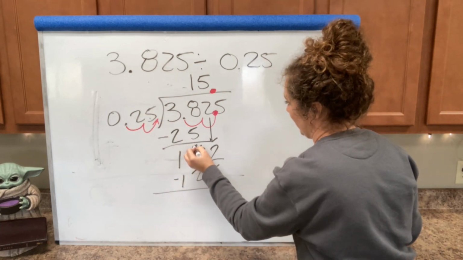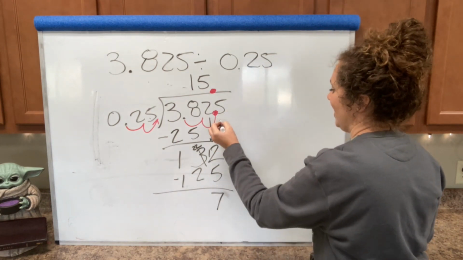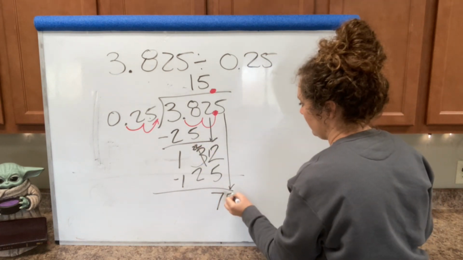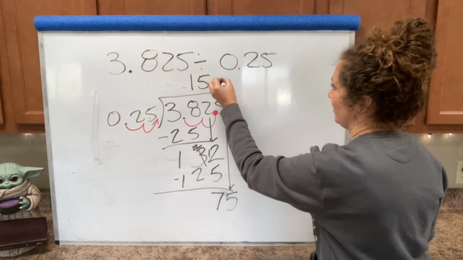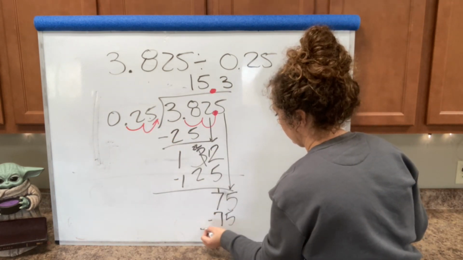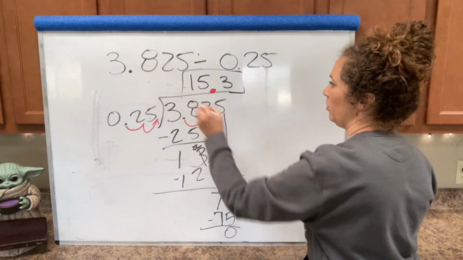Then I do the subtraction. Okay, and then I need to bring down this 5. 25 goes into 75 3 times. And my answer is 15.3.